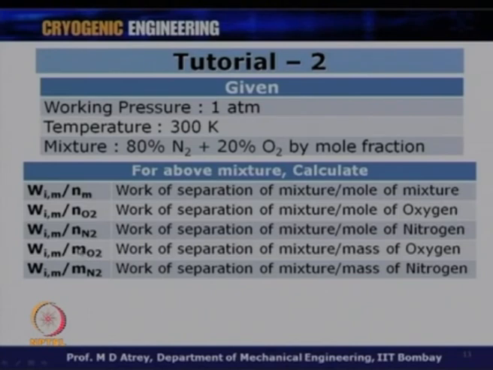So, the mass comes into the picture. So, Wim by MO2 is work of separation of mixture per mass of oxygen, and work of separation of mixture per mass of nitrogen. So, there are different terms here: per mole of mixture, per mole of oxygen, per mole of nitrogen, or per gram of nitrogen, per mass of oxygen, per mass of nitrogen. Depending on the problem statement, one has to calculate all these things and present the results.